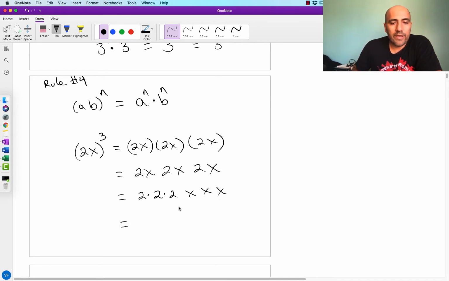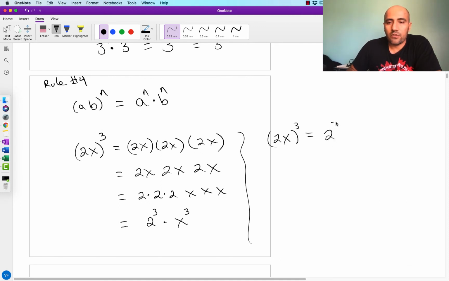Then this can be written as 2 to the third power, and this can be written as x to the third power. Compared to the original statement, 2x raised to the power of 3 is just 2 to the third power, x to the third power.